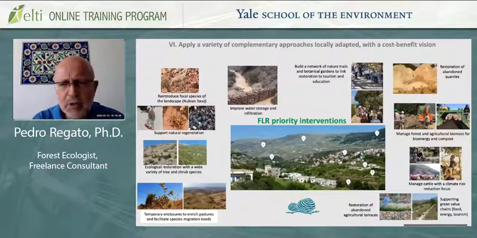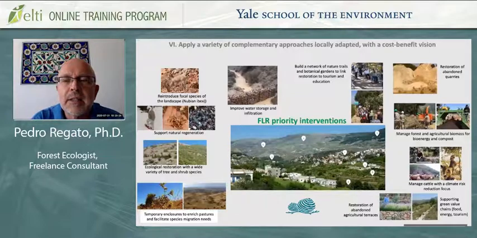Also, the project looked at the restoration of the abandoned agricultural terraces to become productive again, but supporting green value chains, linking food production, energy production, and tourism. And also, because it is a protected area, we were looking at all the tourism and education activities that were linked to forest landscape restoration.